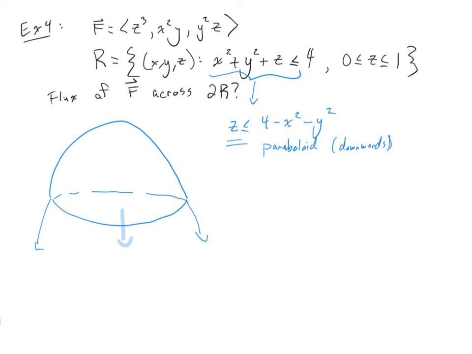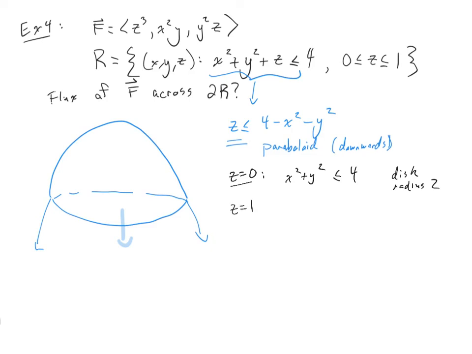Not above, because z has to be less than this graph. Z, though, is only allowed to be between 0 and 1. So if you set z equal to 0 in this equation, what you get is x squared plus y squared is less than or equal to 4 minus 0, which is 4. So that's a disk of radius 2.